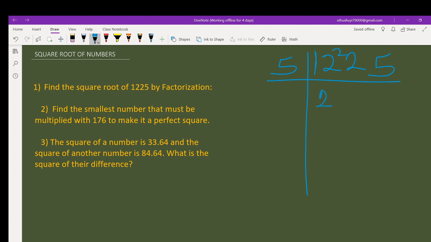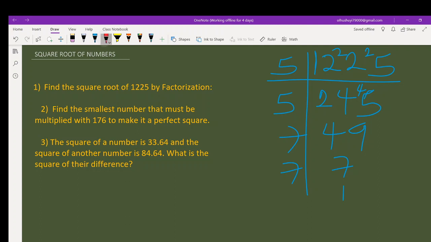In 22, we have 4, we have 2 left. Then in 25, we have 5. Again, 5 goes into 245 is 49. Then of course, 49, 7 should go, 7, yes, 7, 1.